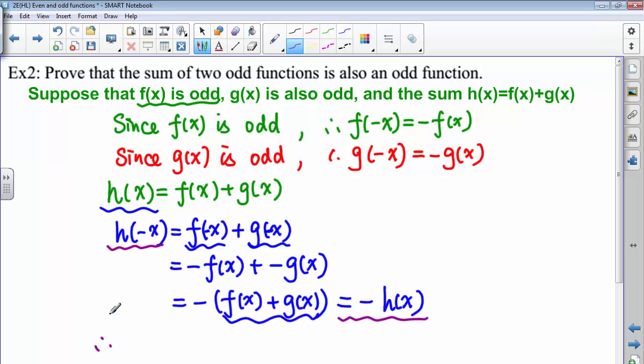Then we can draw a conclusion to say h of x equals f of x plus g of x is an odd function. So the conclusion is correct.